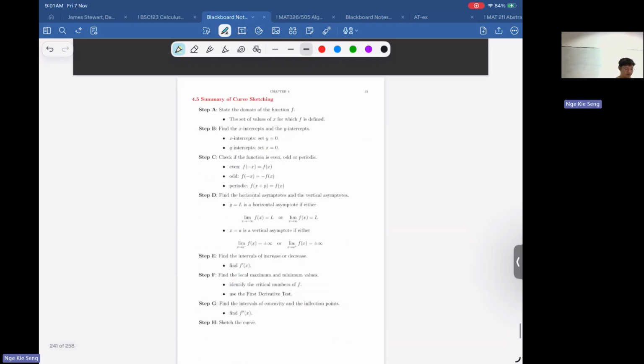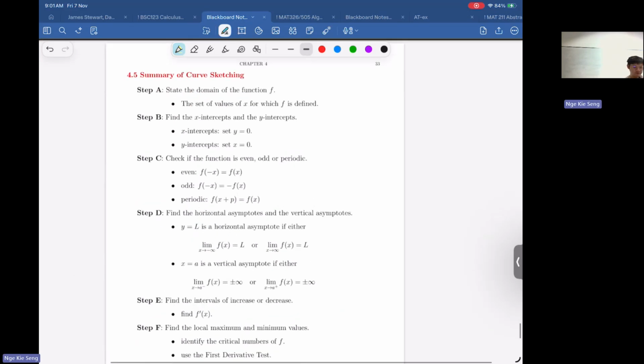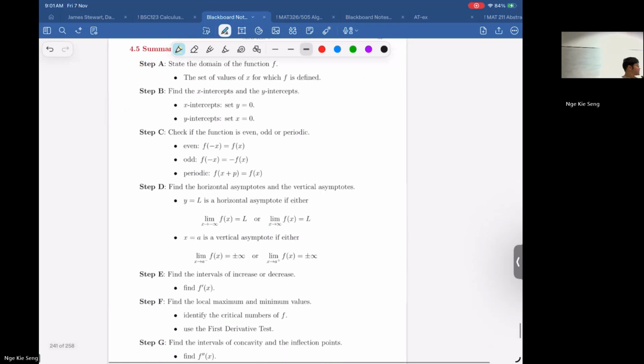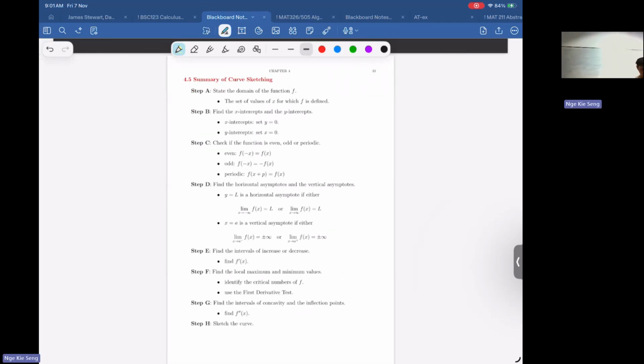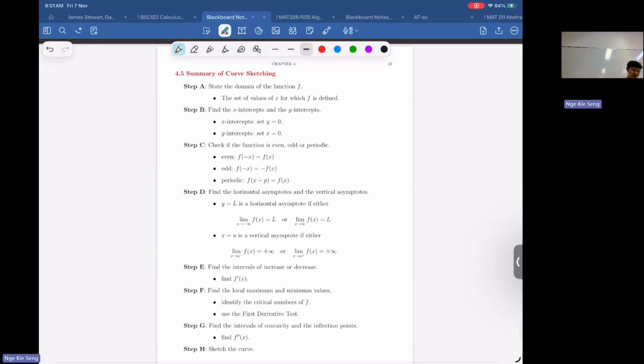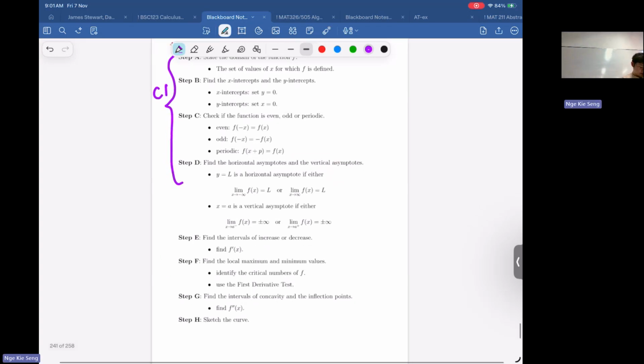Okay, let's continue with our curve sketching. So how do we sketch the curve? There are basically eight steps here. If you notice, step A to step D is covered in chapter 1, and then step E to G is covered in chapter 2.